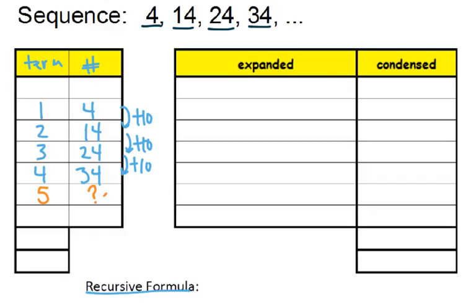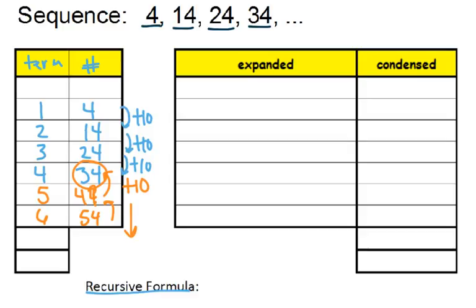Well, to do that, we take the previous term, 34, and we're going to add our growth to it, 10, to get 44. Okay? So, as we keep going, we keep doing that same thing. We take the previous term, so if I'm going to 6, we take that previous term and we add 10 more to it, so we'd end up with 54, and so on.